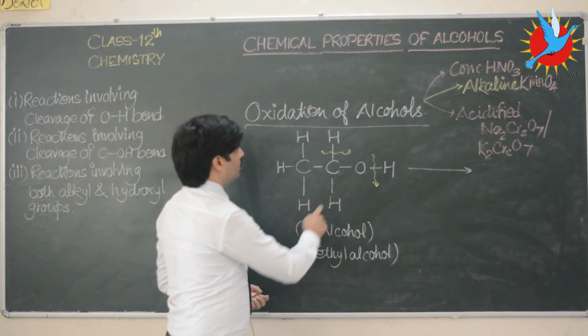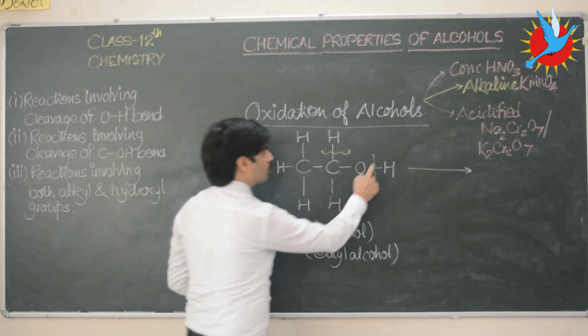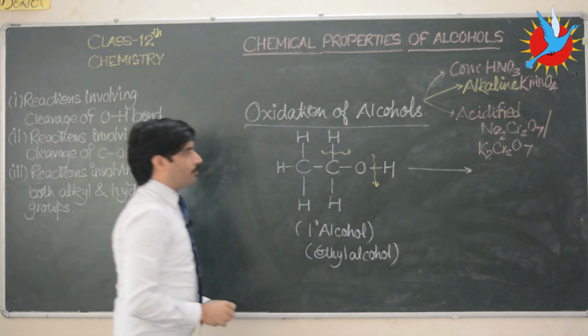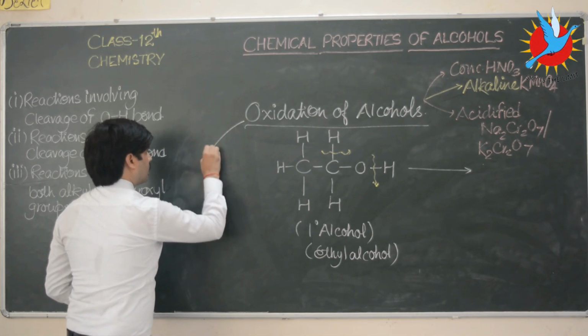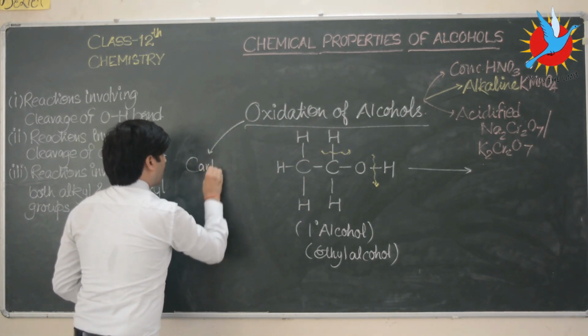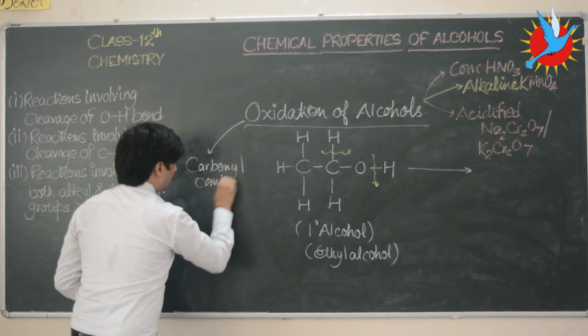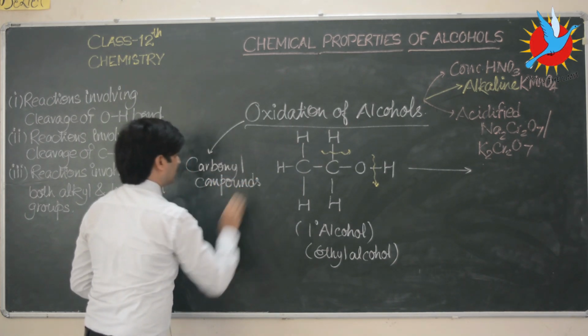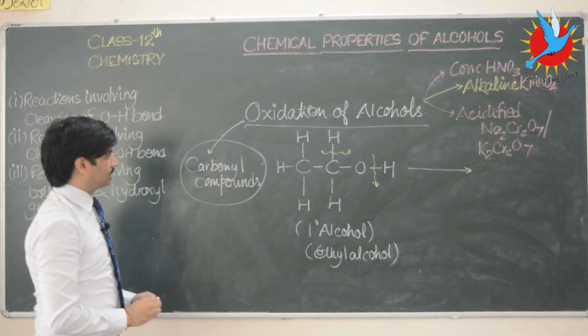As I told you, during the oxidation of alcohol, both OH and CH bonds get broken down, and the product will be a carbonyl compound, which upon further oxidation will form carboxylic acid.